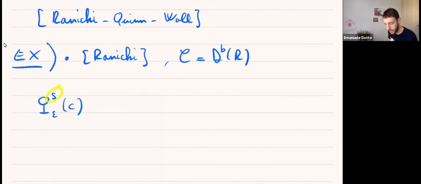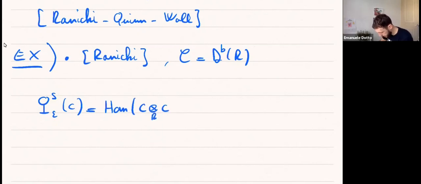S stands for symmetric, and epsilon is the usual unit idempotent in R that we are carrying around to twist our forms. What do we do? We look at Hom from C tensor C. So C is a chain complex. I can take the tensor product with itself over R. This is a new chain complex, and I can look at R-linear homomorphisms into R.